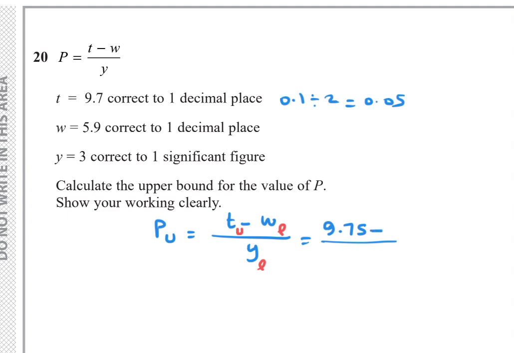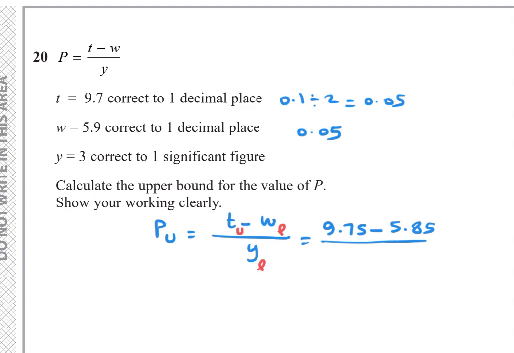9.75. Minus, I need W lower. W is 5.9, correct to one decimal place, so the same 0.05, but now subtract: 5.9 minus 0.05, so 5.85, over Y lower.